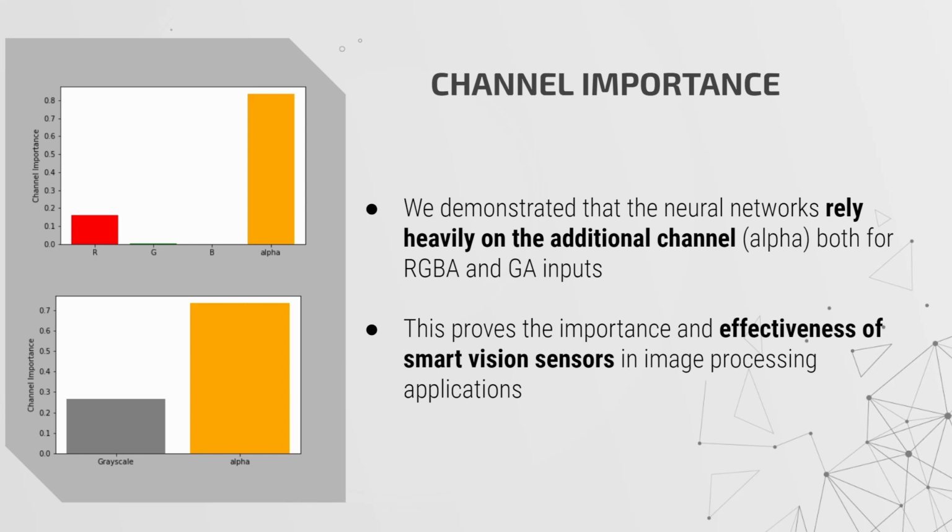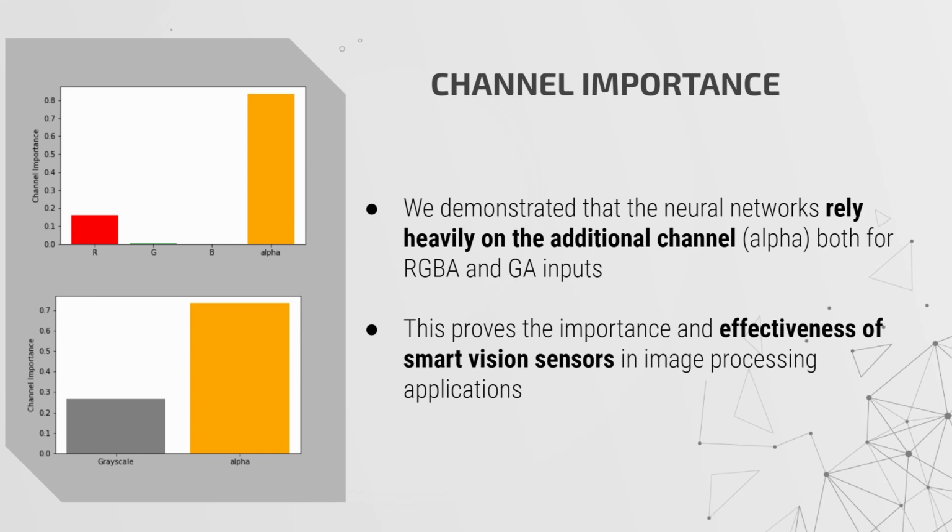Here you can see two plots regarding the RGB and the grayscale with motion bitmap data. In both plots, you can see how the alpha channel, which is our additional motion bitmap channel, influences the output of the network far more than all the other channels considered by the network.